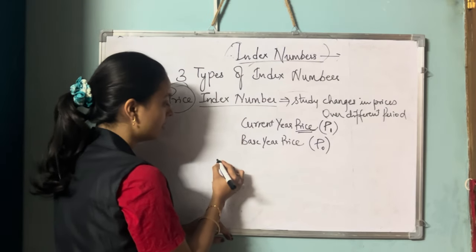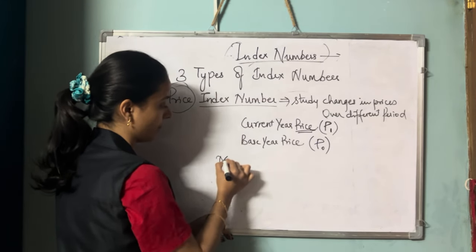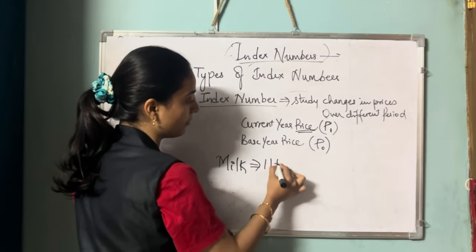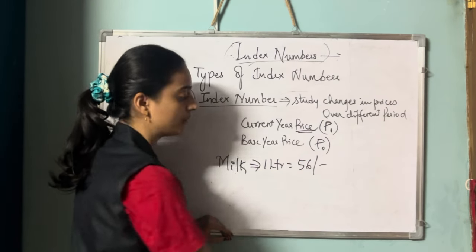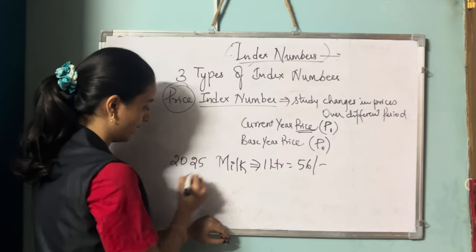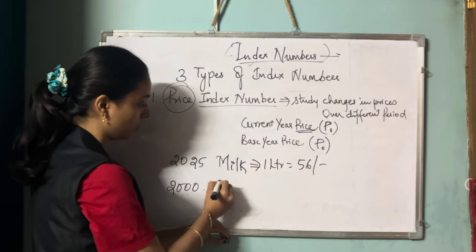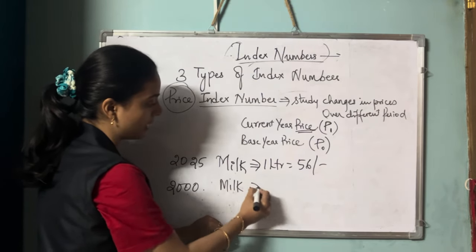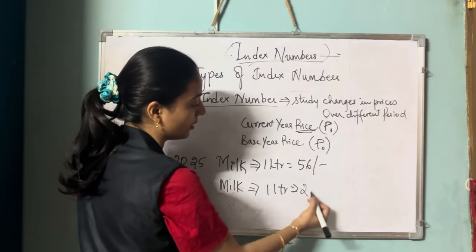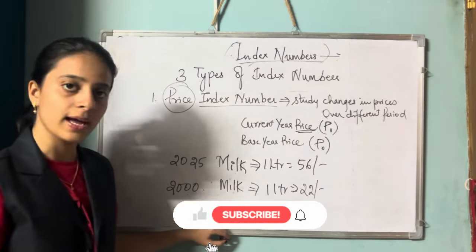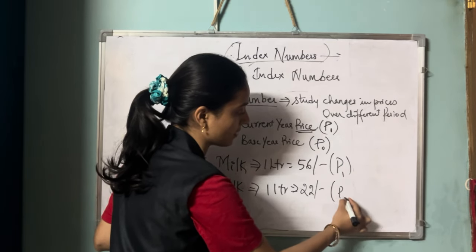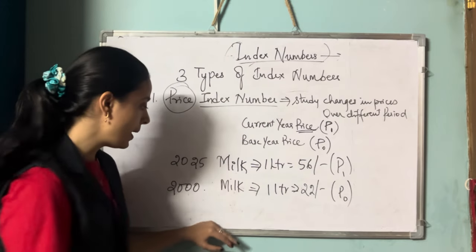For example, just take an example of milk here. Okay, so in the current year, 1 liter of milk is rupees 56 in 2025. In the year 2002, the price of 1 liter of milk was somewhere around 22 rupees. Okay, so this is our P1 and this is our P0, base year.